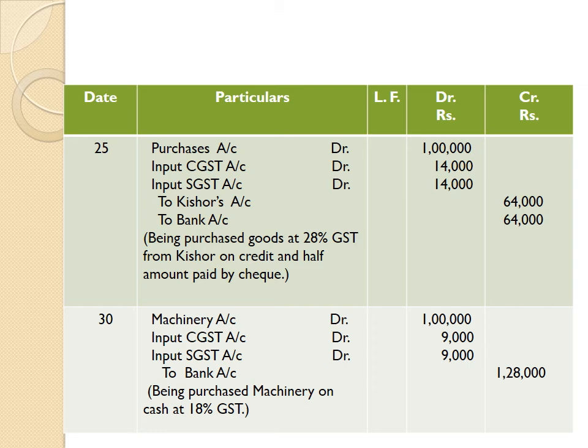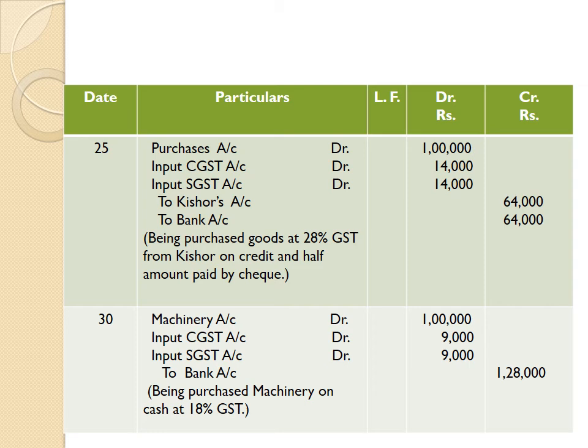Why divided by 2? Because half amount of total purchase is paid by check. It means 1 lakh 28,000 divided by 2 came to rupees 64,000 that is paid by check, and 64,000 is to be paid, that is credit purchase. Half is credit purchase and half is cash purchase.